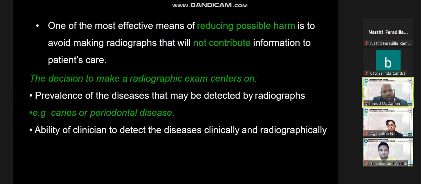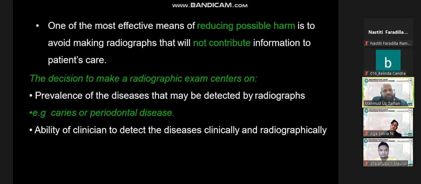Whatever radiograph you have taken, even if it is only for a periapical lesion or a carious lesion, try to identify all the normal anatomy on that radiograph, because each human being is different.